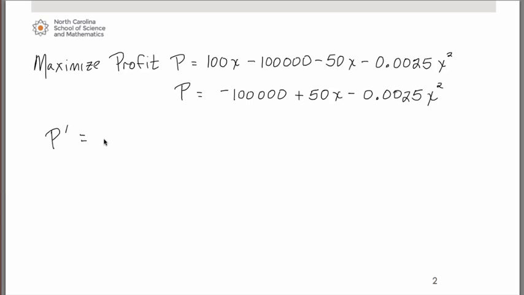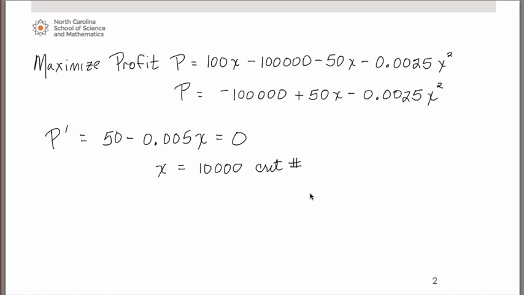We know that we have to take the derivative of that. That simply is going to be 50 minus 0.005, of course, we have to do the 0.0025 times 2. That's where the 0.005 comes from. Times x, set that equal to 0. Again, very easy to solve. We end up with x is 10,000, and that's our critical number.